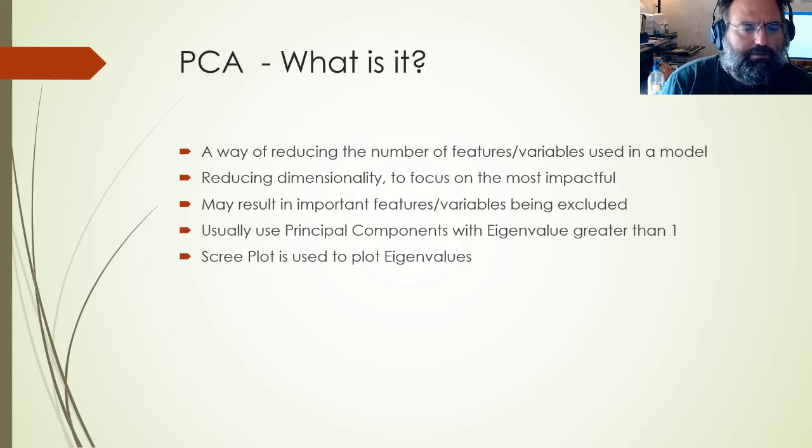Because in doing so, you may inadvertently exclude something that is important, but it sometimes is necessary. You usually use the principal components that have an eigenvalue greater than 1, and we'll talk about that in a little bit. A lot of times you'll use a scree plot to plot the eigenvalues.